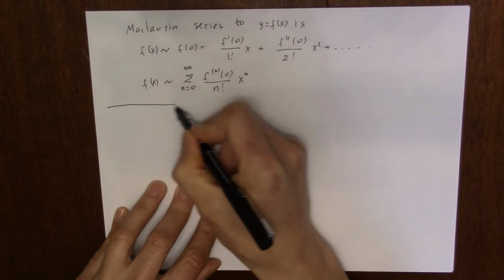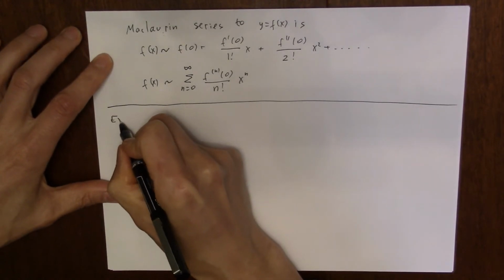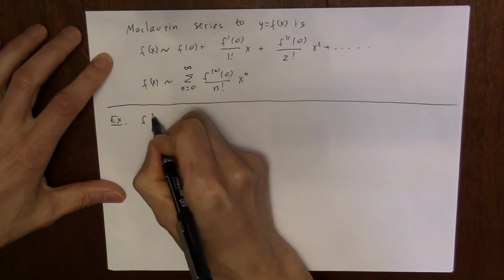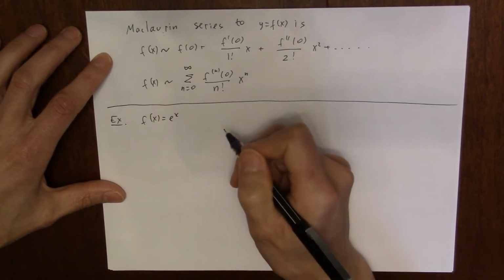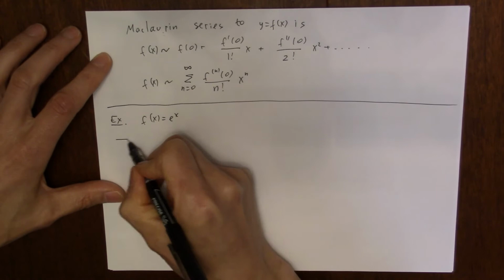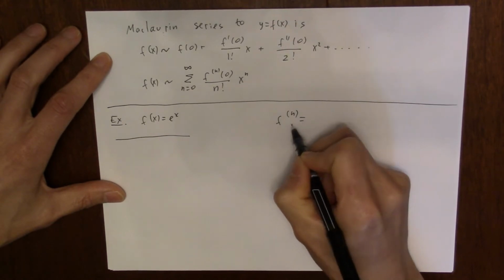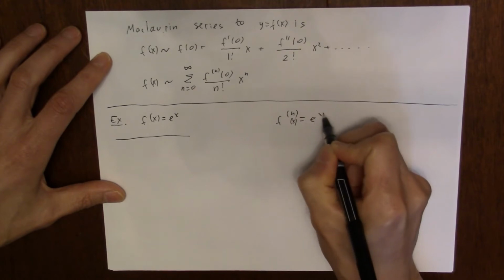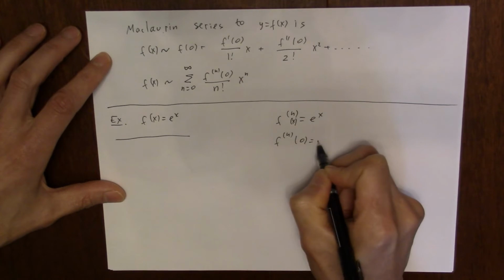So let's find a few basic Maclaurin series. First example, if our function equals e to x, and if we want to find the Maclaurin series for it, then we recall that all the derivatives of e to x is just e to x. Now if we evaluate the derivative at 0, we're going to get 1.